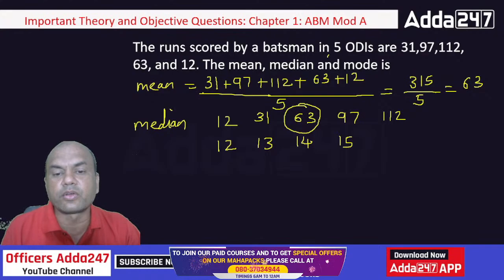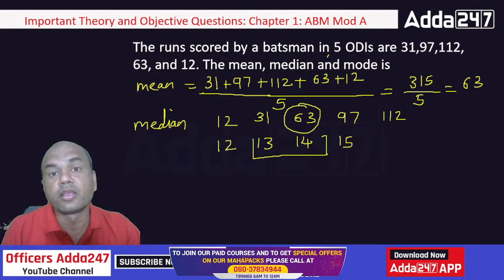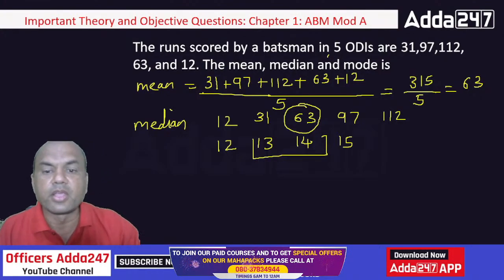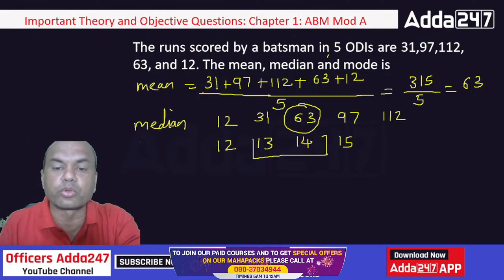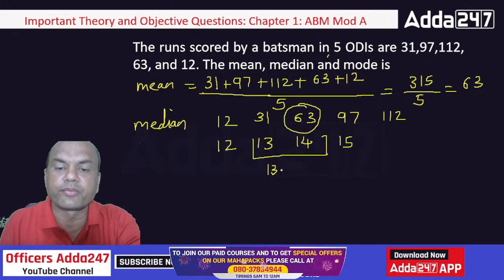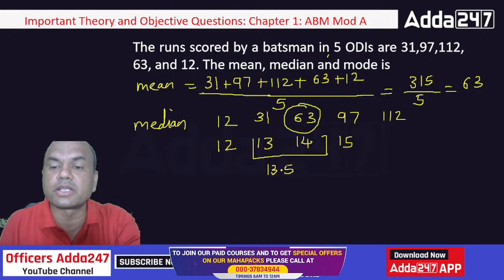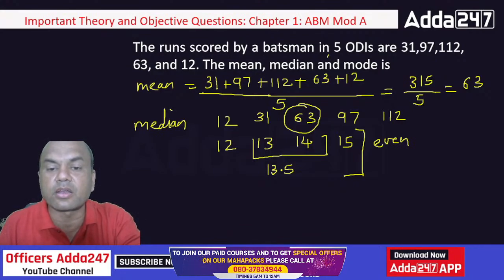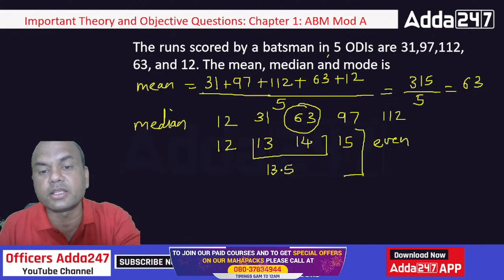So in that case, what do we do? We find the average of the central numbers. Whichever are the 2 central numbers, we find the average of them. So here it is 13 plus 14 upon 2. So it becomes 13.5. Okay. When the count of numbers is even, we get the median as the mean of the central numbers.